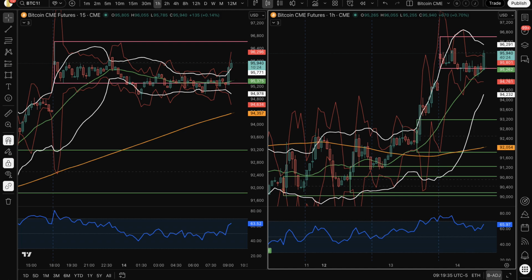If price breaks the short-term band, but fails to follow through into the long-term band, that often results in rotation. If price breaks and holds both the short-term and the long-term Bollinger Bands on the 1-hour chart, that suggests structural continuation.